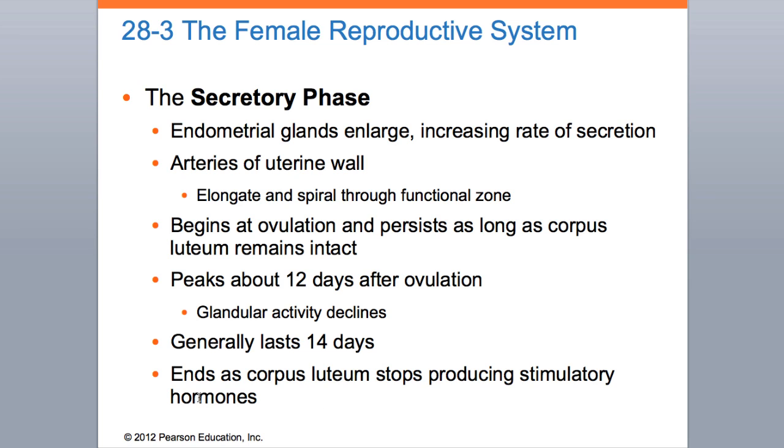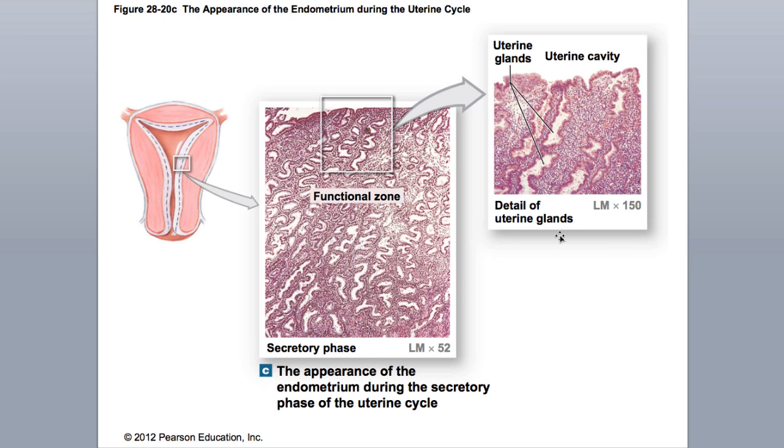Look what it says next. Ends as corpus luteum stops producing the hormones. So at the end of 14 days, which would be 28 days, you're going to have the corpus luteum go bye-bye and turn into corpus albicans that I mentioned before.